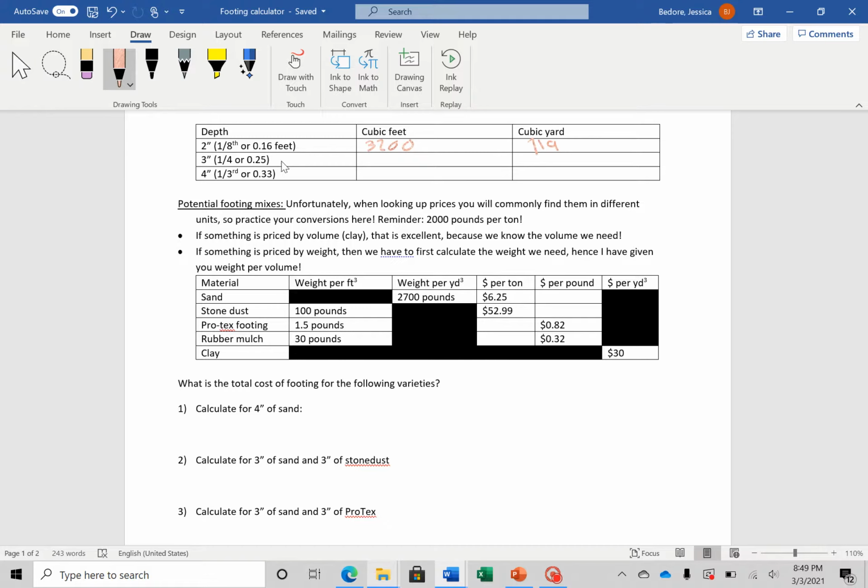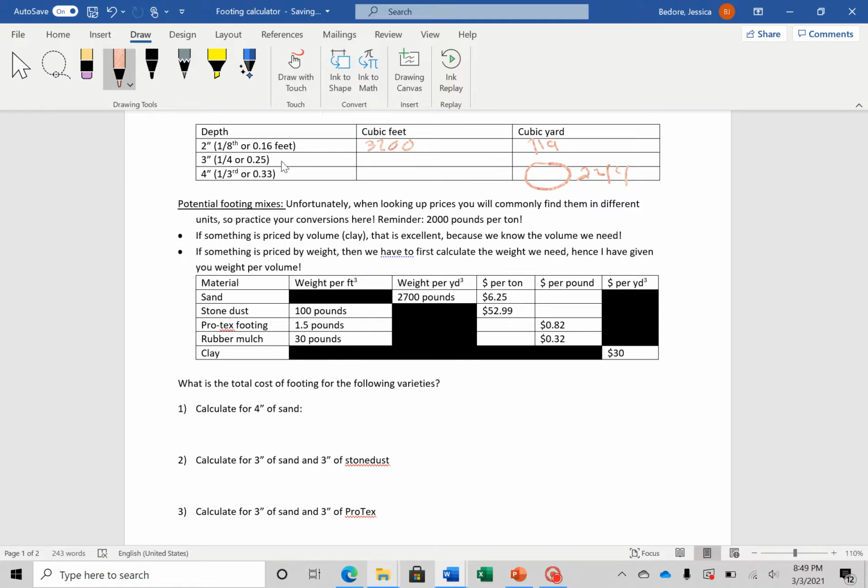So the first one you're going to do is calculate 4 inches of sand. Sand is sold as pounds per cubic yard. So you need the number that you put in the cubic yard column, which, because I've said this 4 times this week, I know is 244.